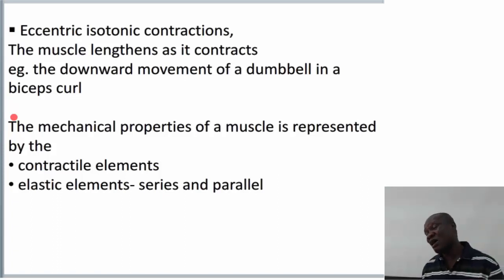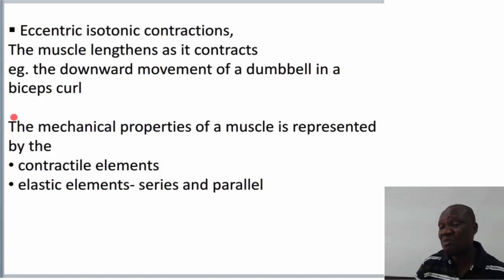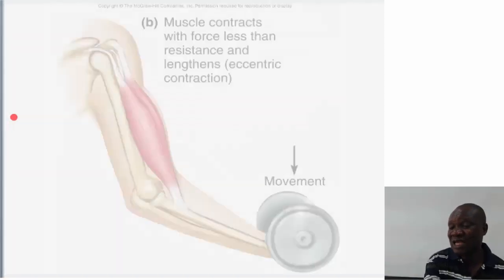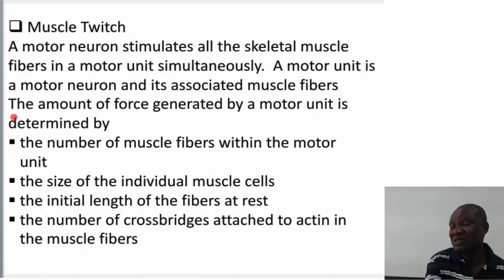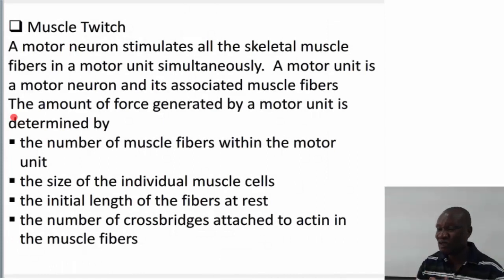Now, in an eccentric contraction, the muscle lengthens because the elastic elements will stretch together with the contractile elements. So the mechanical properties we've seen depend on the contractile elements as well as the elastic elements. Now we look at the muscle twitch. The muscle twitch.